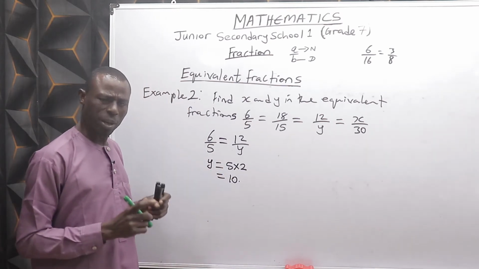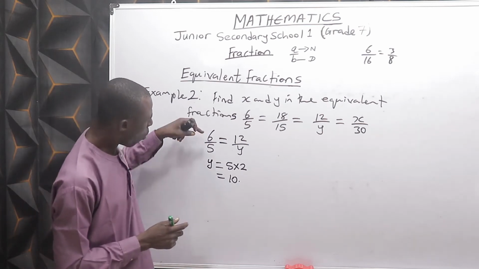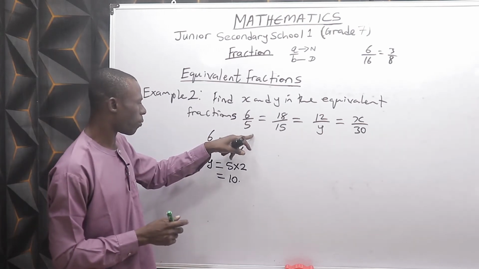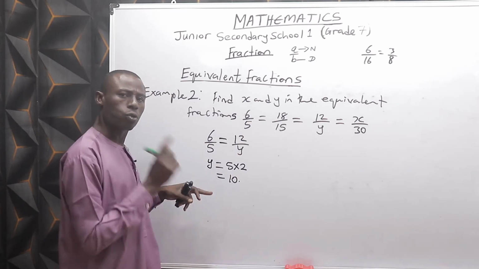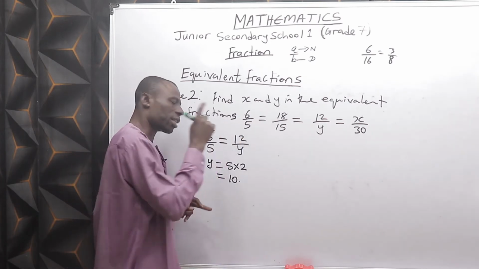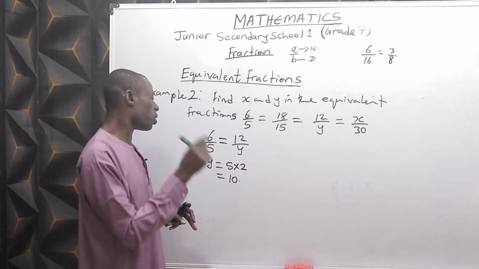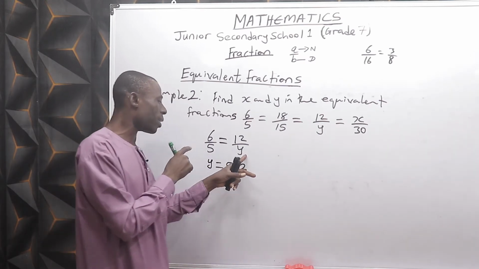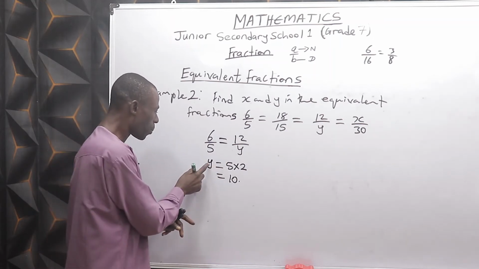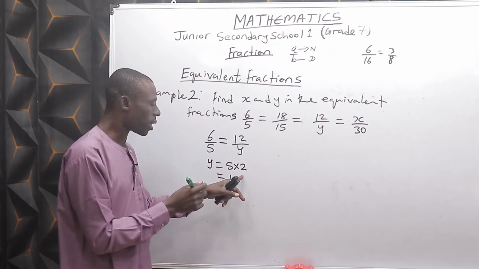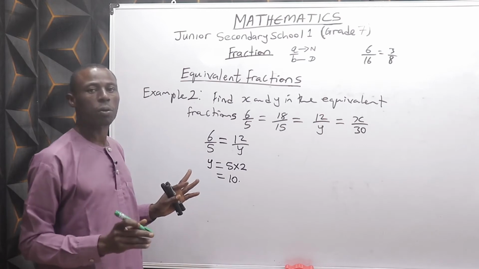Do you understand the explanation at all? What happens to 6 to become 12 is that 2 multiplies 6 and it gives us 12. Also, that same 2 must multiply 5 to give us y. That is why we say y is equal to 5 times 2, which is 10. We are done with that.